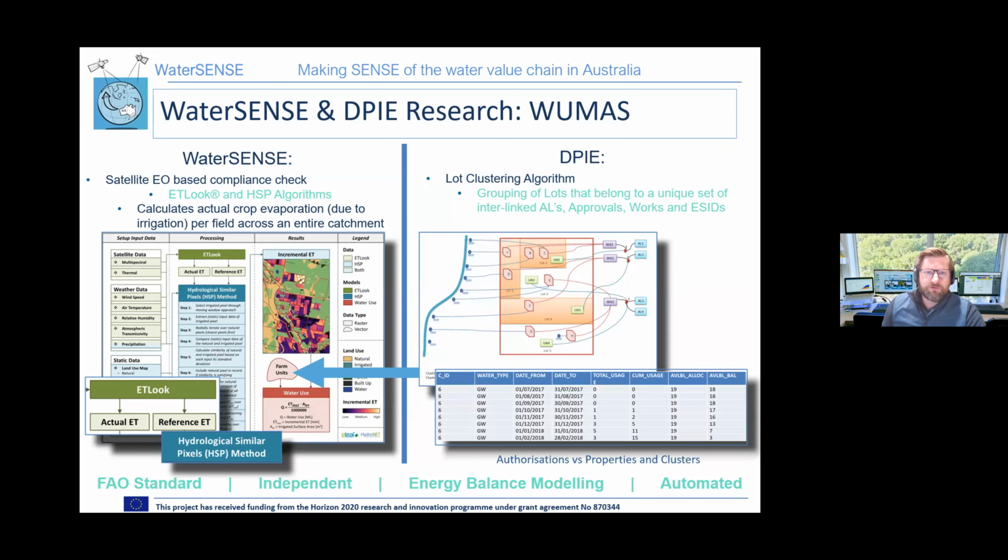Through the co-creation, we have work to do ourselves, but our demonstration partners, the DPIE, have also had research to do. On the left-hand side, I'll go through the whole process of determining irrigated water use using ET-Look and hydrologically similar pixel methods. And on the right-hand side is the DPIE, who have had to develop a lot clustering algorithm, which I'll also explain in a little more detail.